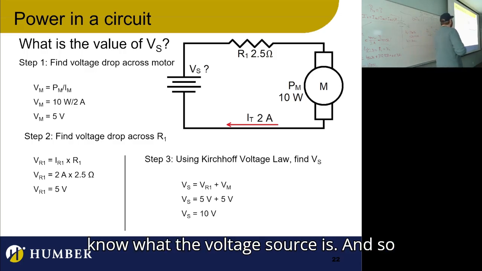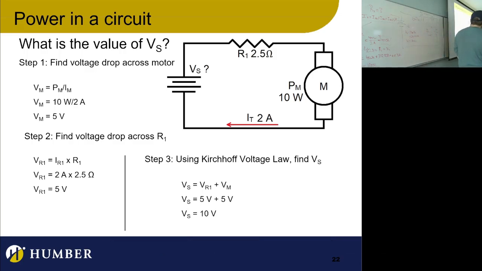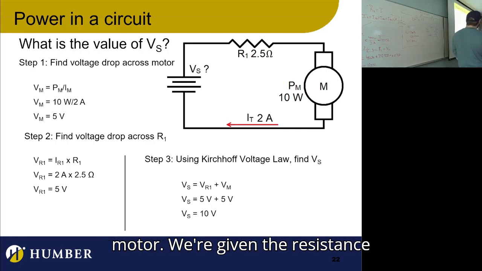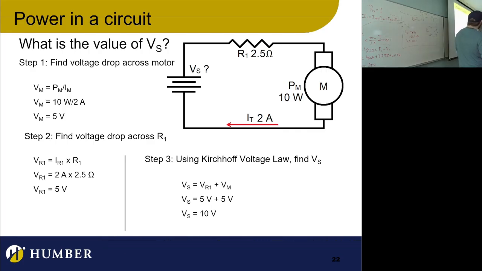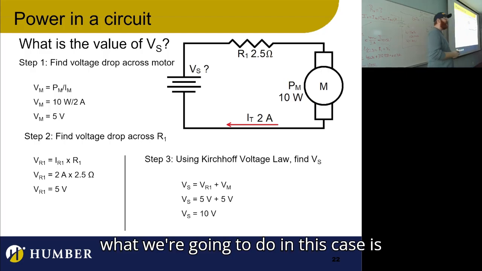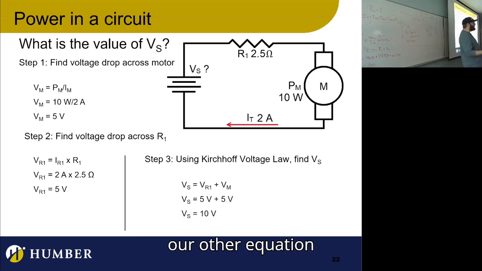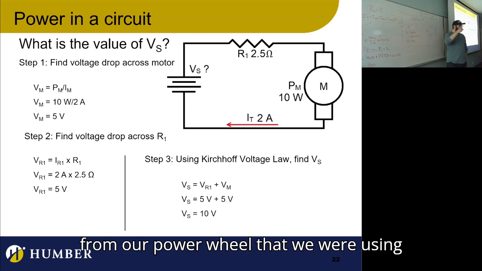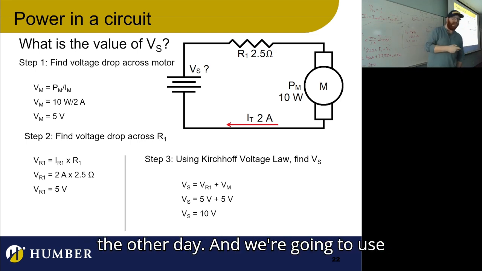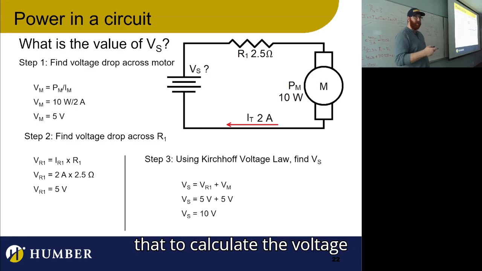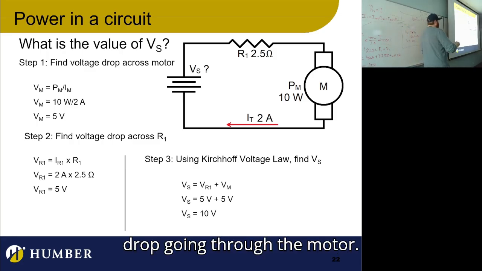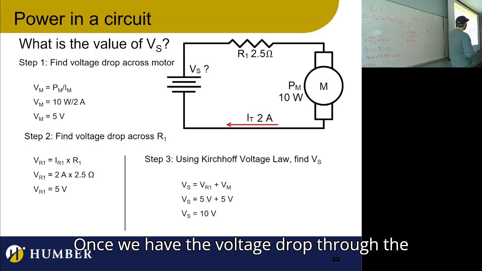So here we want to know what the voltage source is. What we're given is the power of the motor, the resistance of R1, and the total current. So in this case we're going to use our other equation for power, from the power wheel that we were using the other day, to calculate the voltage drop through the motor.